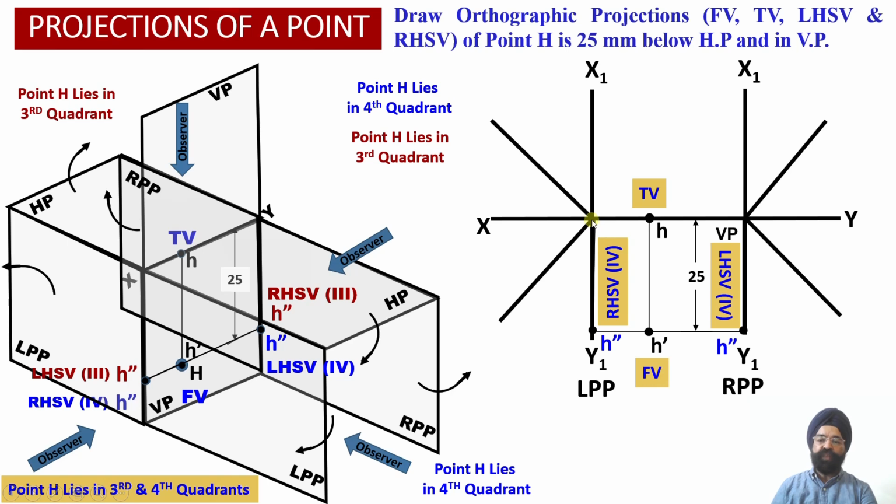Now this vertical projector line should be extended up to the point where it intersects with this horizontal projector line drawn through this point H dash.